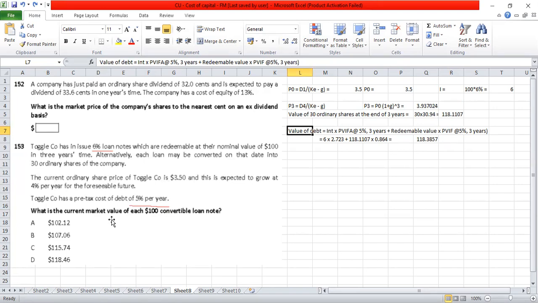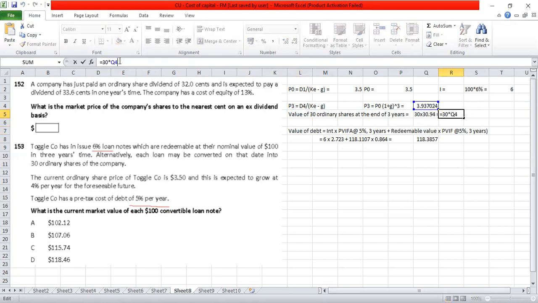If we take that 3.937 and multiply it by 30 shares, we get a value of 118.1107. That 118.1107 is the redeemable value at the end of 3 years.